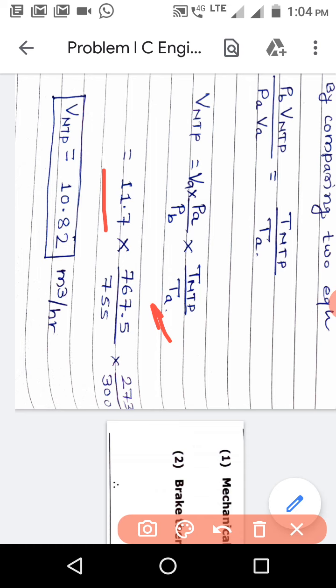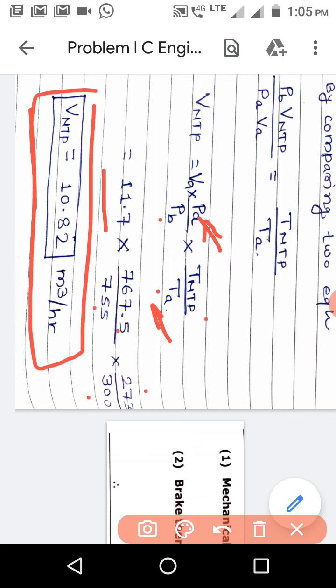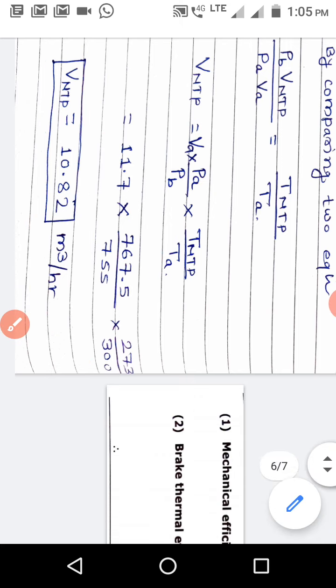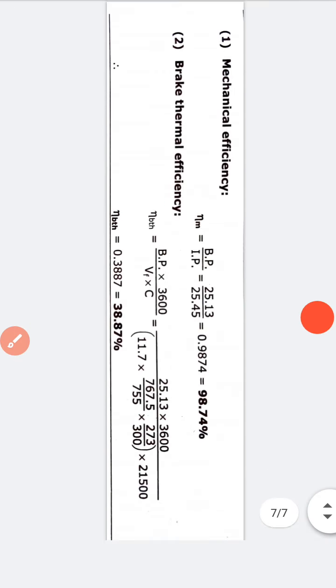The absolute pressure we have calculated is 767.5, barometric pressure is 755, temperature at NTP is 273, that is 0 degree Celsius, and ambient temperature is 300 Kelvin. By using this we have calculated the volume at normal temperature pressure, and with the help of this we will multiply the calorific value at NTP, so that we can calculate the brake thermal efficiency.